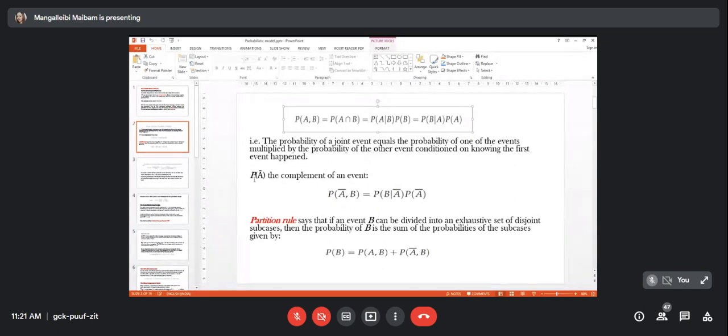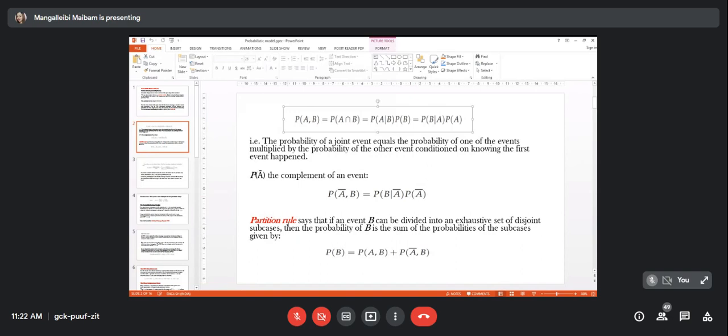And for the complement of an event, the probability is given by the conditional probability of B on the complement of A, multiplied by the probability of the complement of event A.